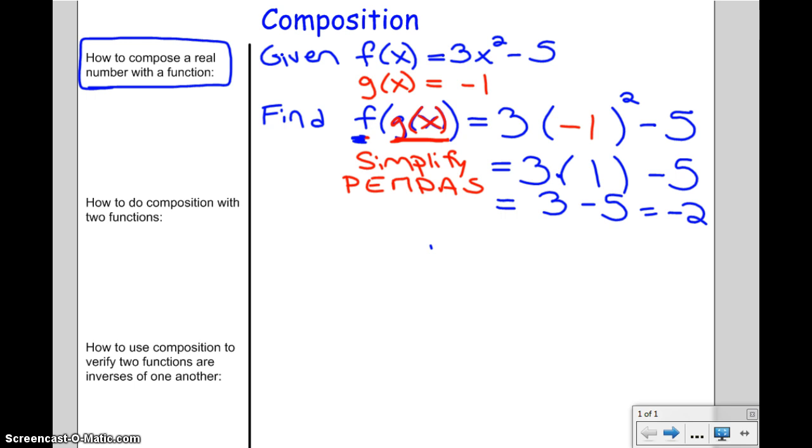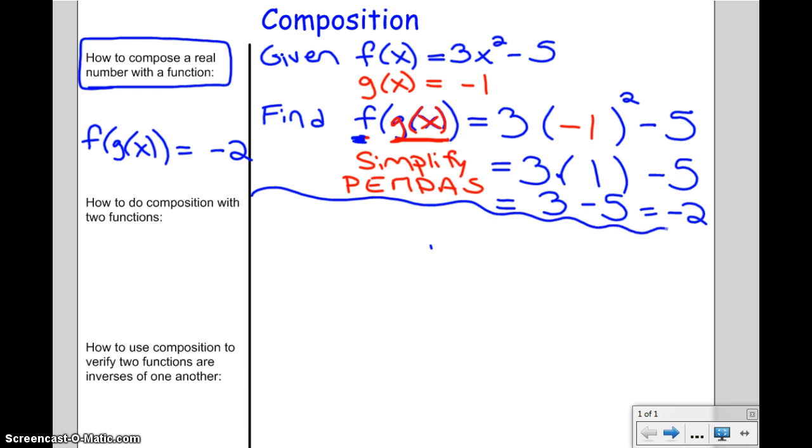What I just found is, I'm going to write my answer over to the side. What I just found is that in this example, my f of g of x is equal to -2. That's my final answer because I replaced g as the domain in f.